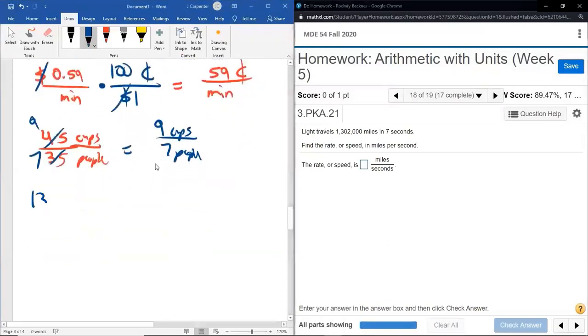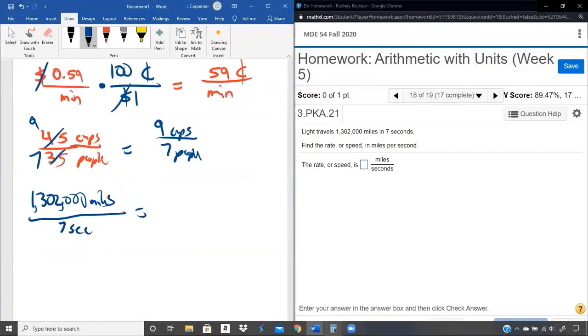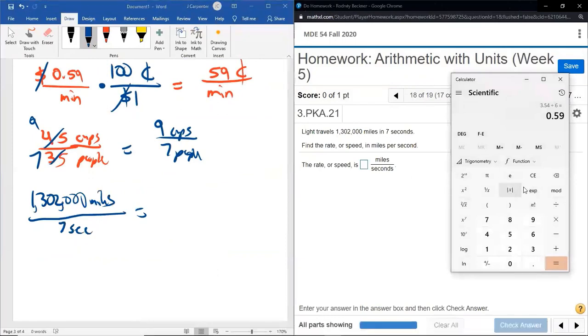So we take the 1,302,000, and that's in miles, and it goes that far over 7 seconds. We're just going to do the division. Doesn't say anything about fractions. 1,302, watch your numbers, 000, divided by 7. It's 186,000.